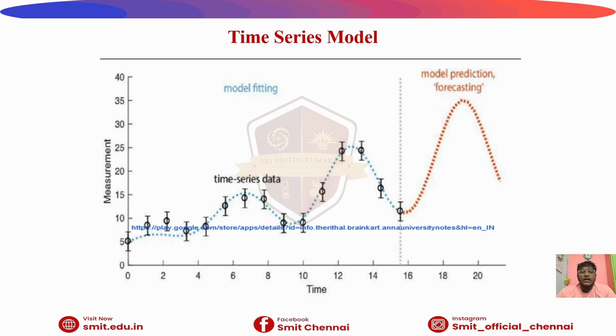Second, seasonality, regular pattern within fixed periods, monthly and quarterly. Cyclical patterns, repeating patterns not tied to calendar. Noise, random variation. Examples: stock price over time, monthly sales figure, daily website traffic, quarterly GDP growth. Time series models like ARIMA, which means auto-regressive integrated moving average, are specifically designed for this type of data.